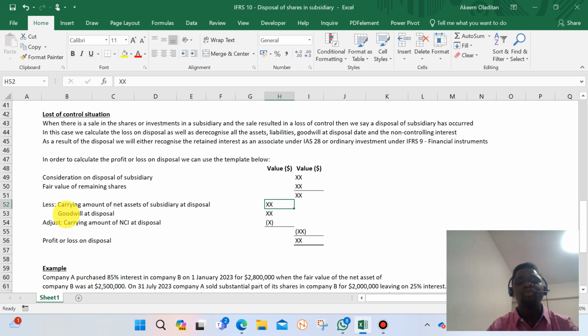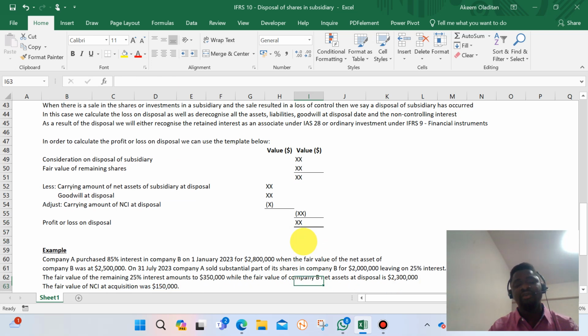We also have to recalculate the goodwill, because we would have had a goodwill at acquisition, but here we are supposed to recalculate the goodwill at disposal, and that is what we show under this heading. And the last but not the least is the carrying amount of the NCI at disposal. So when we do this using this template, we'll recognize profit or loss on disposal of the subsidiary.